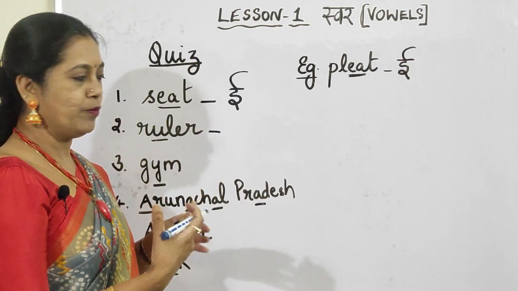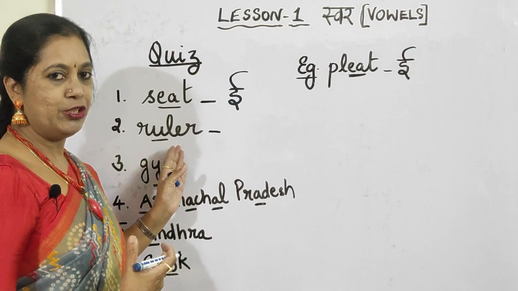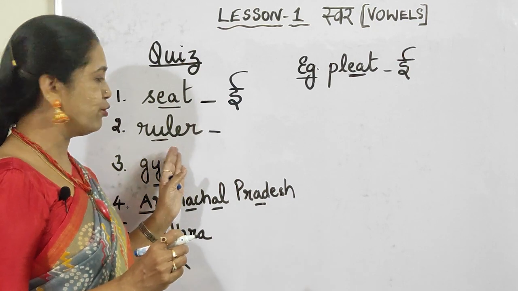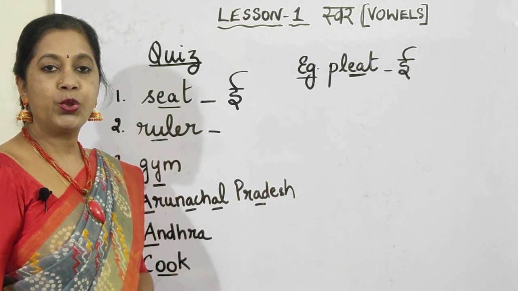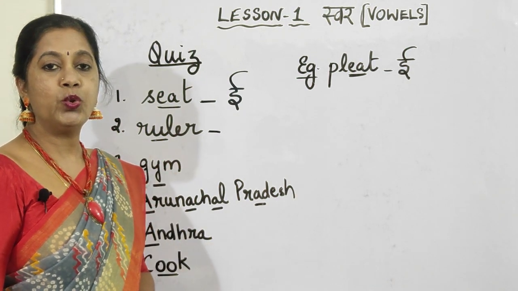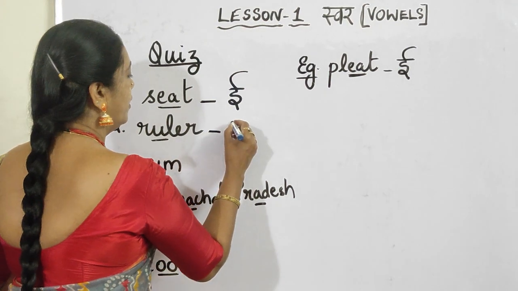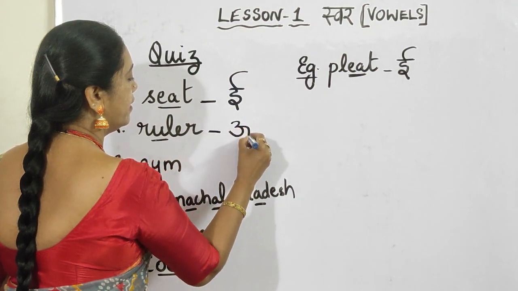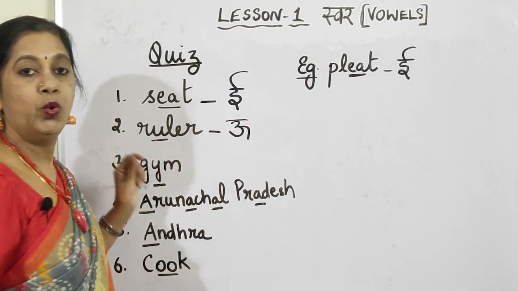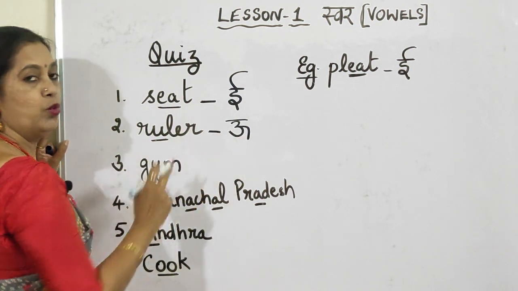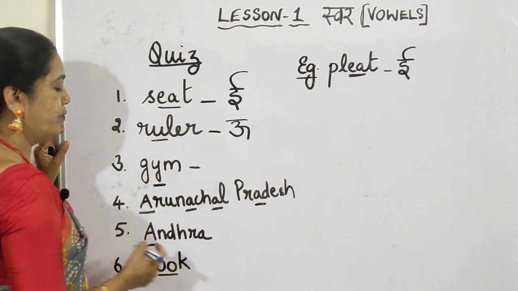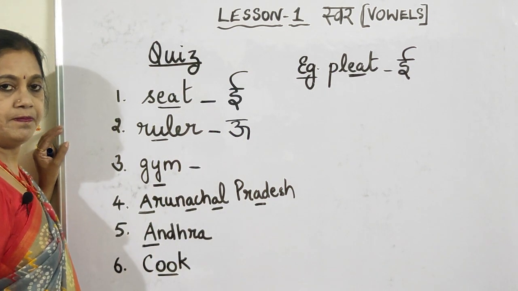If you have noticed, I'm giving you the correct pronunciation in English too, so that you don't make mistakes in future. Now this is ruler. So what would it be? Oo. Ruler. Oo.